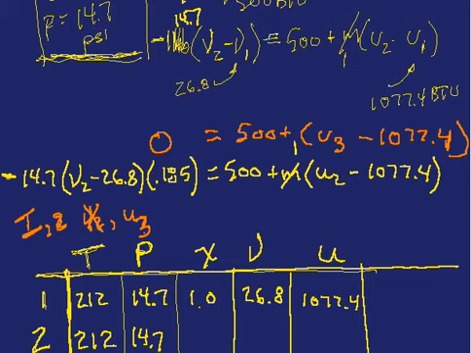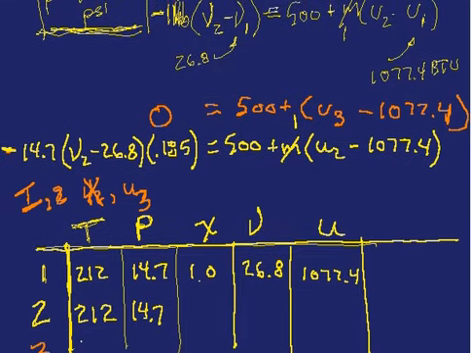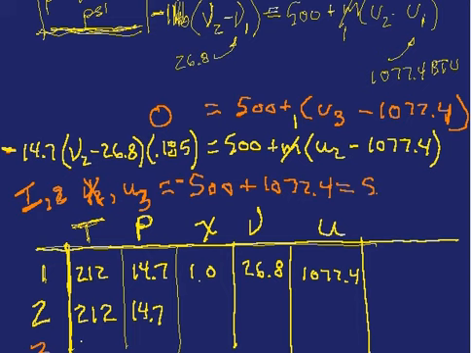So we'll solve for U3 from this equation and find that U3 is equal to minus 500 plus 1077.4, or U3 is equal to 577.4.